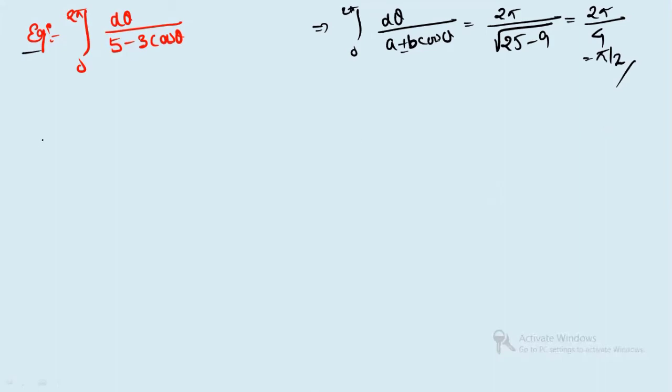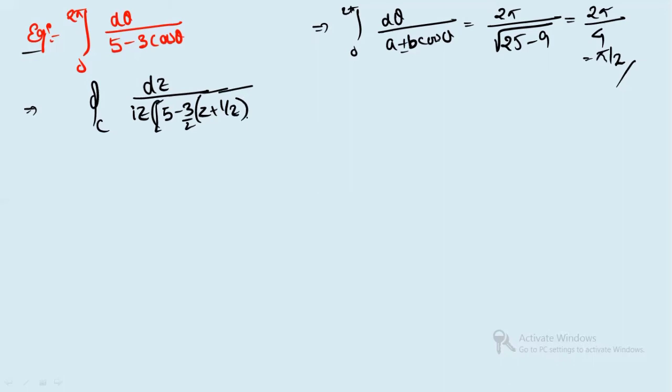Now we will do it stepwise. First of all, we will substitute z instead of e to the power i theta, and we will change this to a contour integral. d theta can be written as dz by iz. Here you have 5 minus 3, and cos theta can be written as 1 by 2 times (z plus 1 by z).